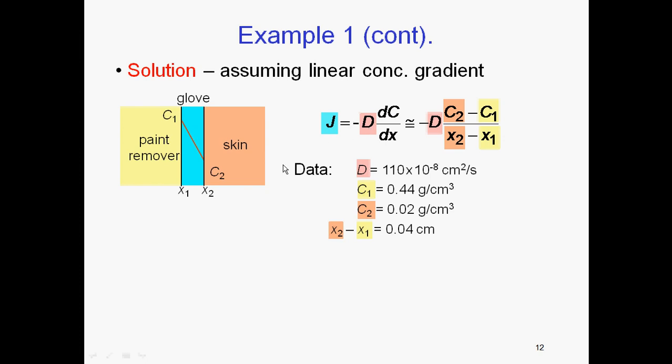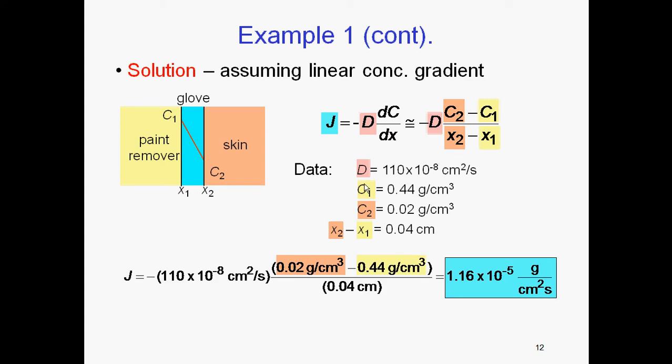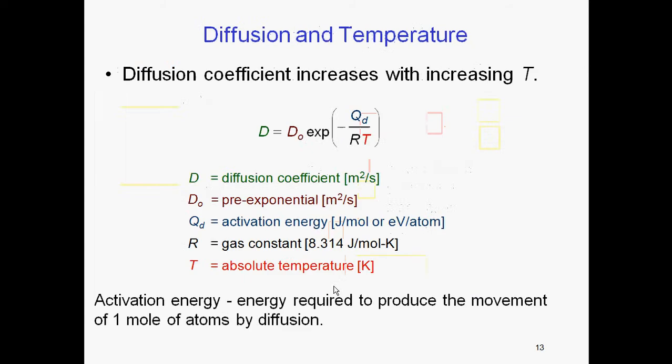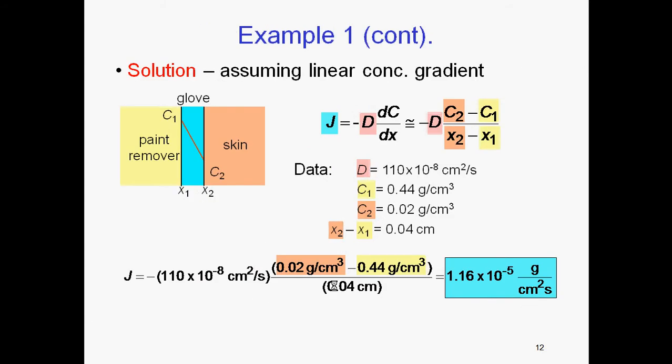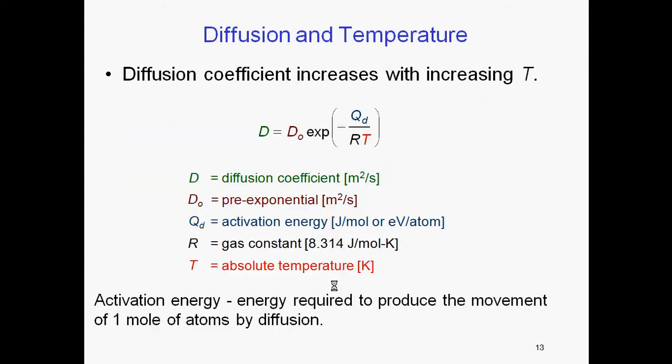Hence C2 is less than C1, and for the flux to be positive we have to adjust it by a negative sign, just as in the case of Fourier's law we have seen minus k dT/dx. So given the data of D, C1, C2, and x2 minus x1, the flux can be simply calculated using this formula. But one thing is to be noted: Fick's first law of diffusion is applicable only for steady state diffusion.